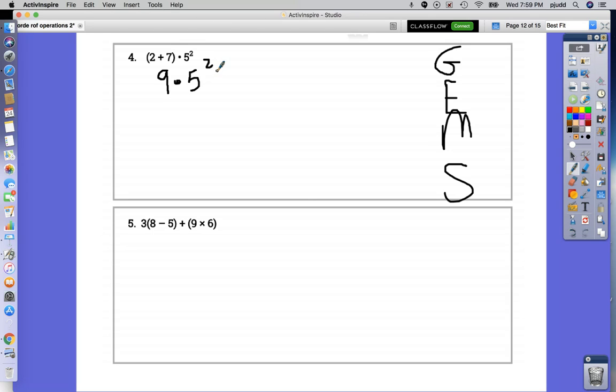What do you think? A's tell B's. Can I multiply 9 times 5 first and then raise that to a second power? Or do I need to find 5 times 5 and then times that by 9? Okay? 15 seconds. Ready? Go.